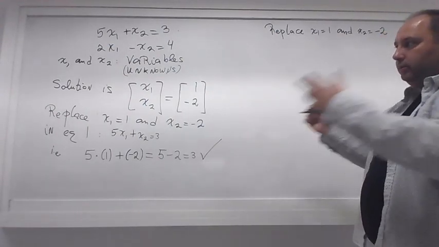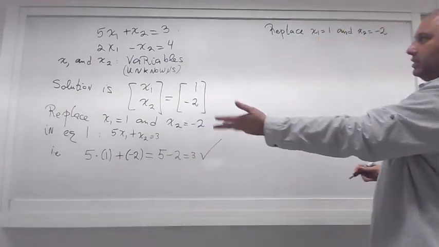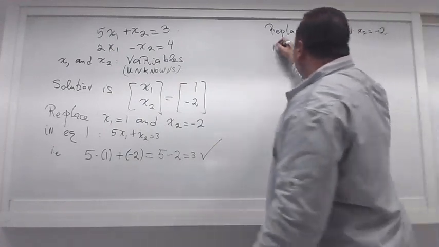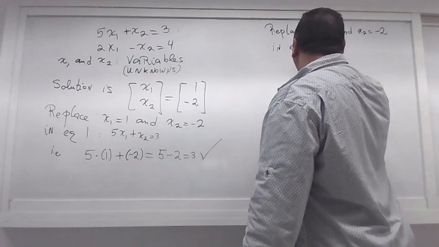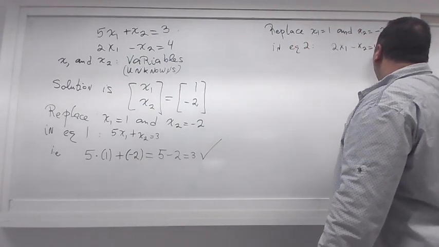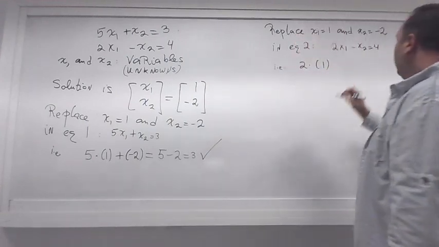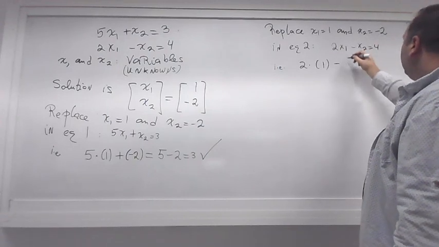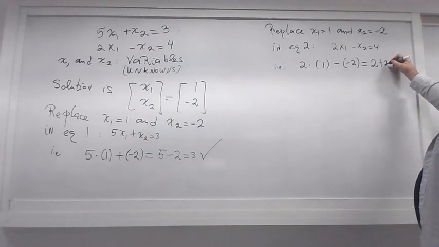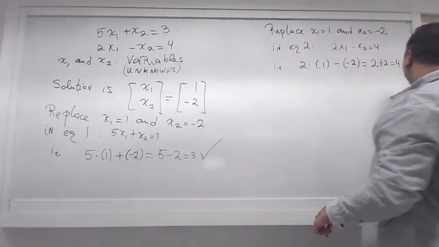Obviously, when you need to do it, you will pretty much try to plug it in and see if the left-hand side is equal to the right-hand side, and that's it. So we replace this in equation 2, and equation 2 was 2x1 minus x2 equal 4. So x2 is minus 2, so this is 2 plus 2, this is 4, that's equal to the right hand side, remember?